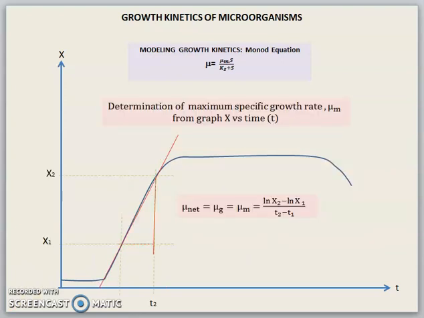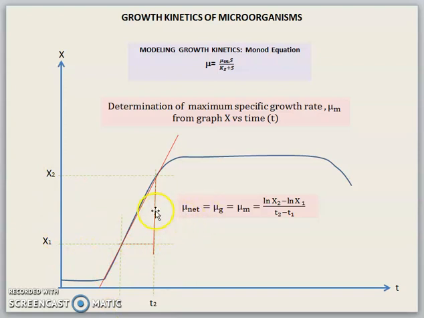How to find the maximum specific growth rate? This maximum specific growth rate can be identified from the exponential phase. So how to find it? From the slope here, you can see. You find the values of x1, x2, t1, t2.